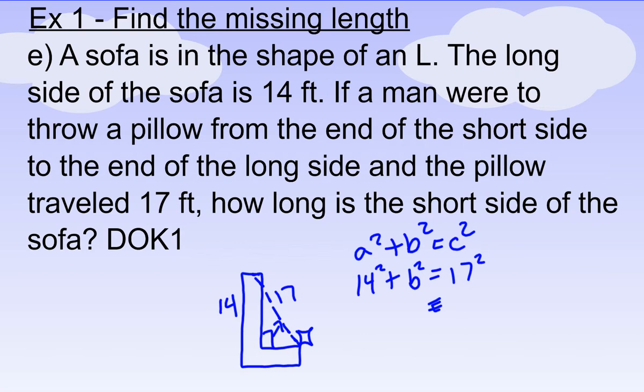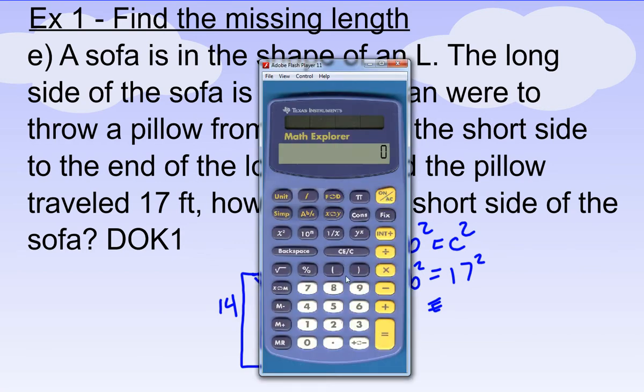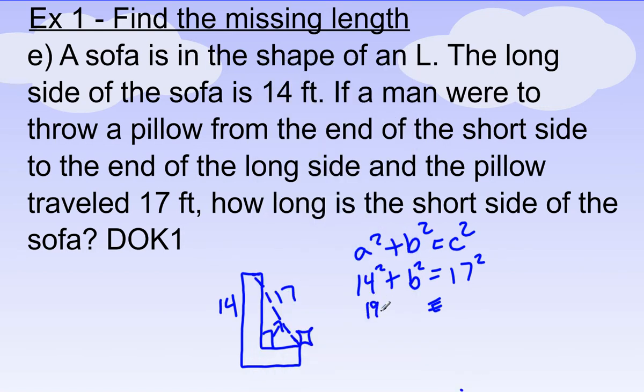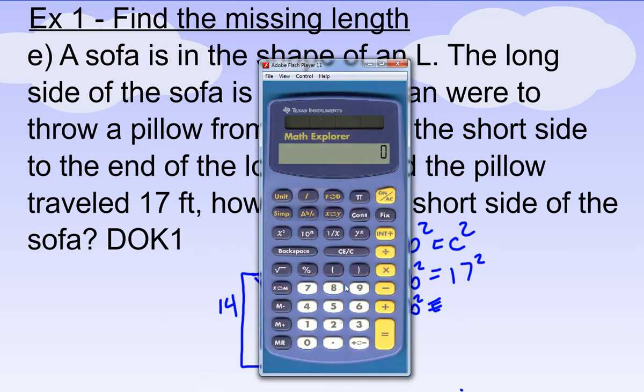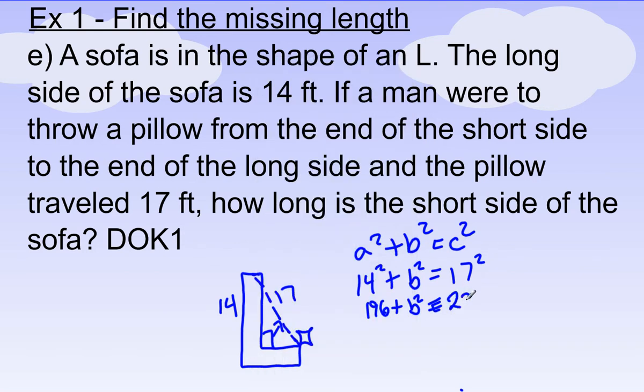And some math. 14 squared is 196. So 196 plus b squared equals 17 squared. 17 squared is 289. To get b by itself, I have to subtract 196 on both sides.